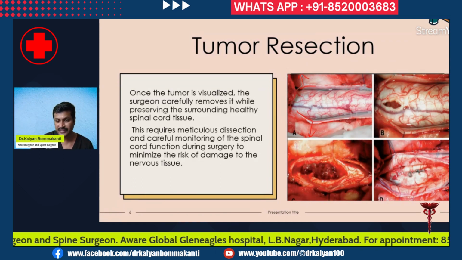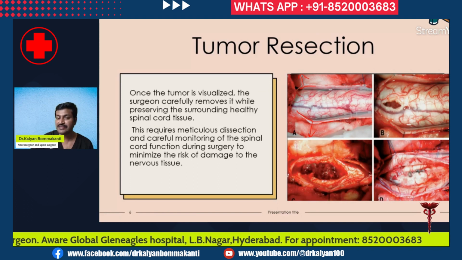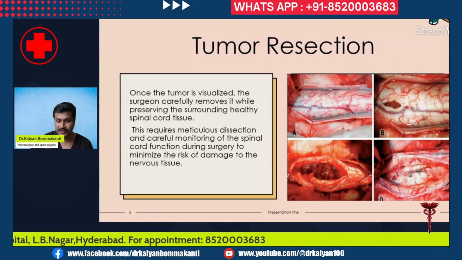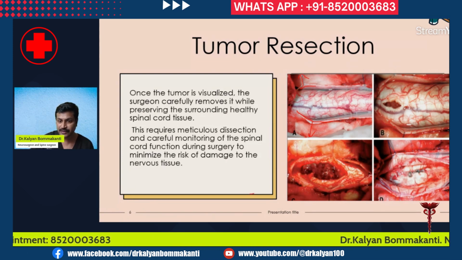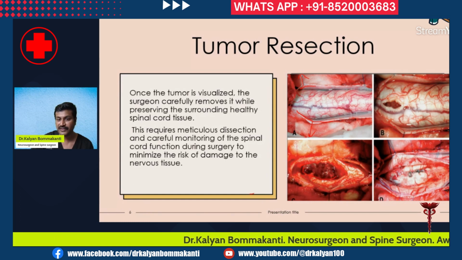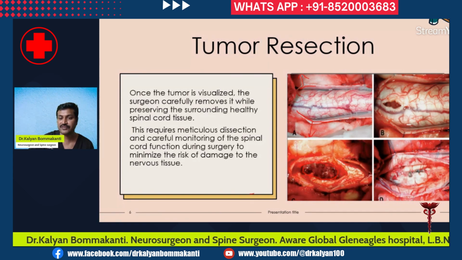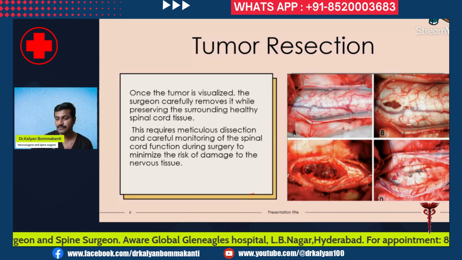The tumor, which is well exposed, by various microsurgical techniques you develop the cleavage plane from the surrounding spinal cord and remove it in total. If it is densely adherent, you may have to remove only some portions of the tumor. Here, the tumor has been completely removed and the spinal cord is well seen.